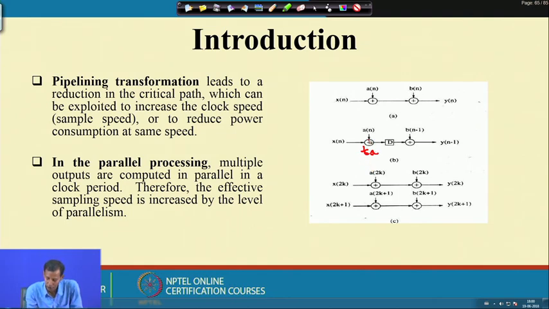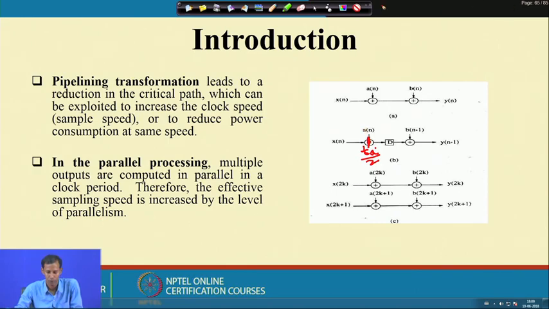Now, if I put the register in between of this, then this will become half, divided by 2. Okay. So, I can increase the operating speed by a factor of 2 if I use pipelining at the operator level. So, this particular pipelining technique is known as fine grain pipelining.